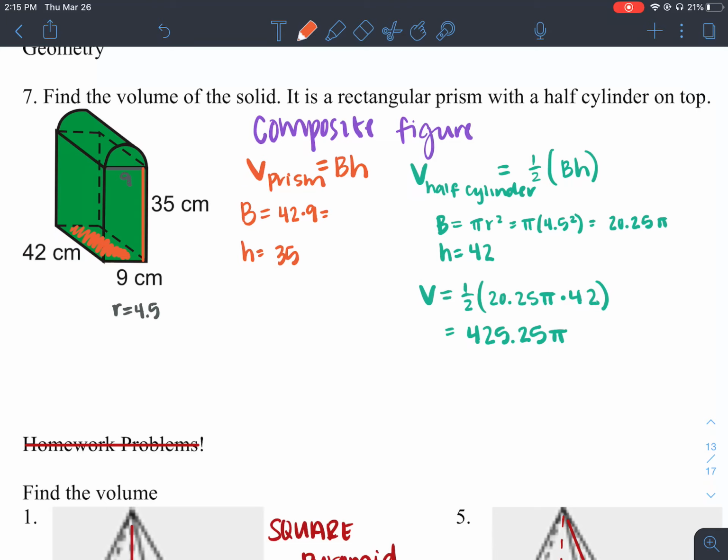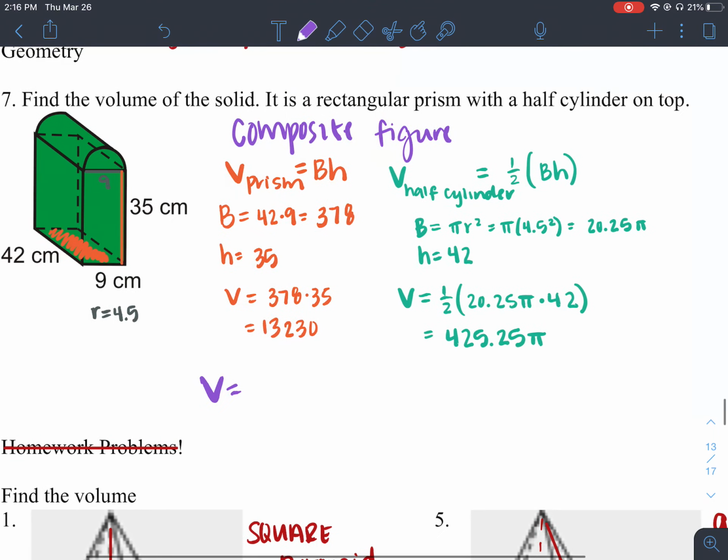So that 42 times 9, the area of the base, is 378. Multiplying the area of the base times our height, we should get 13,230.